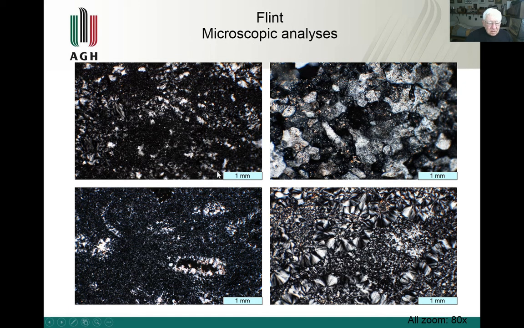These are examples of macro photographs obtained using polarizing light microscopy. Here we have opal, which is isotropic and doesn't react in polarized light, and small crystals of quartz, and there is a scale.